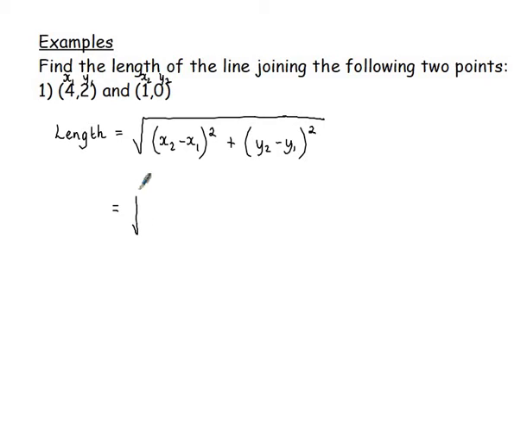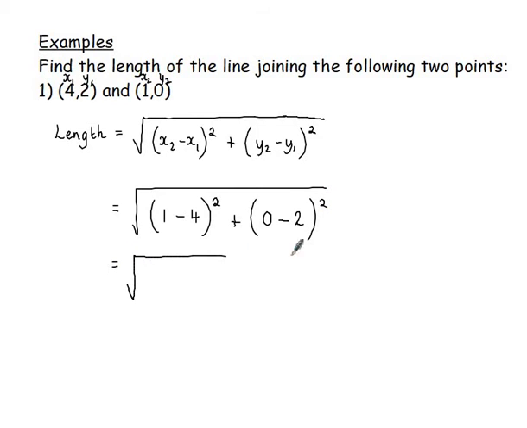So keep the square root there. x2 minus x1, so we've got x2 is 1 minus x1, which is 4, all squared, plus y2 is 0 minus y1, which is 2, all squared. So we have the square root of 1 minus 4, which is minus 3, all squared, plus 0 minus 2, which is minus 2, all squared.